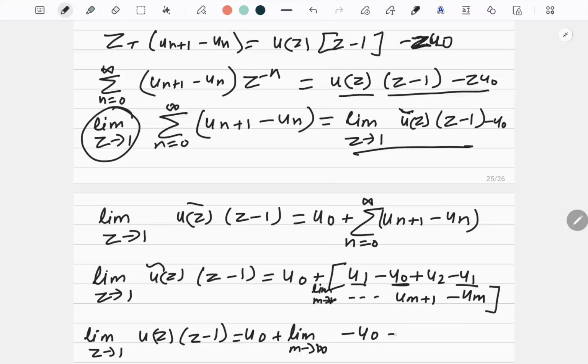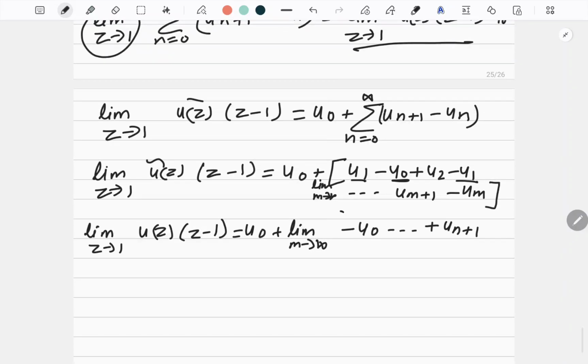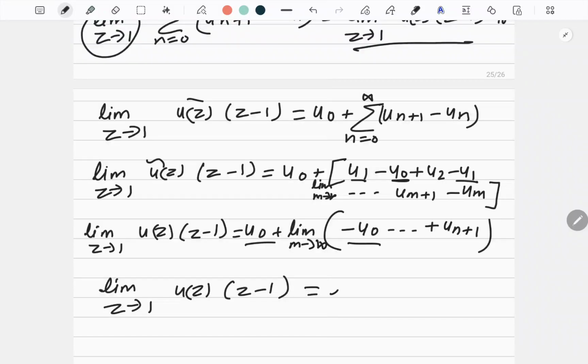In the same way if I keep on going, the first number will get cancelled by the next number, but in the last one I won't get that, so the last term will be plus u(m plus 1), correct? So now I got this expression. Now this u0 and this u0 will get cancelled. So limit z tends to 1 of z minus 1 times Uz is equal to limit m tends to infinity.